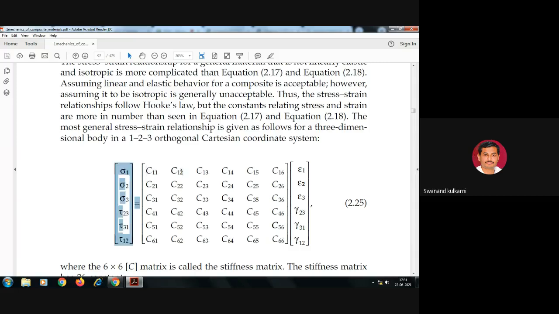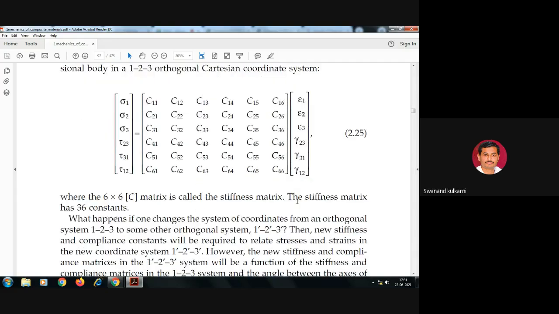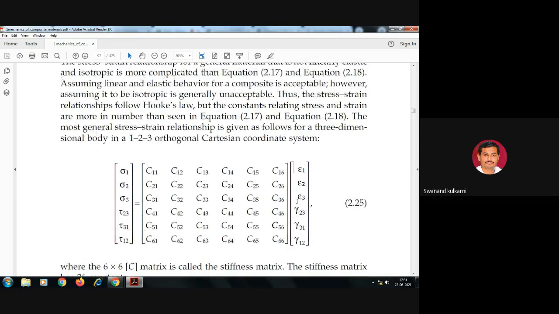This means whenever the multiplication of row with column happens, each and every element of the row and each and every element of the column are related with each other. So, what is the maximum number of constants possible here? The answer is 36.